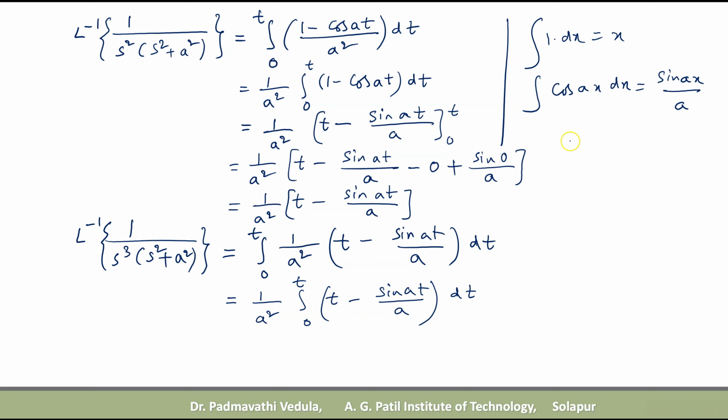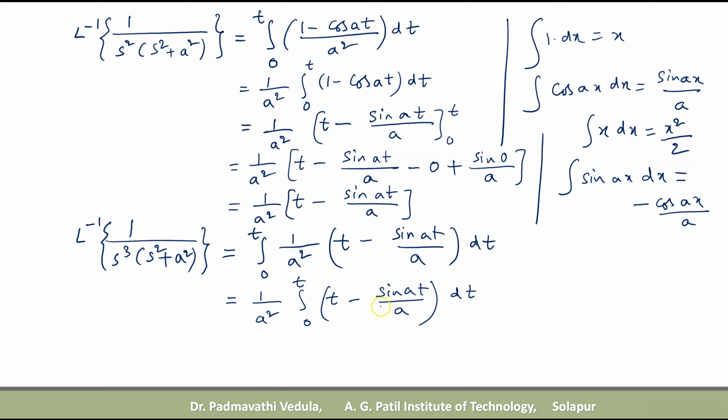Here the integral of x dx equals x square by 2, and the integral of sin ax dx equals minus cos ax upon a. Use these integration formulae to integrate these terms.